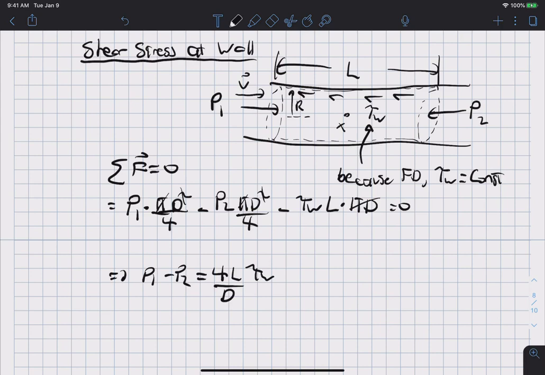Okay. And I will define this as our pressure drop delta P. So this implies that delta P equals 4 L over D times tau wall.